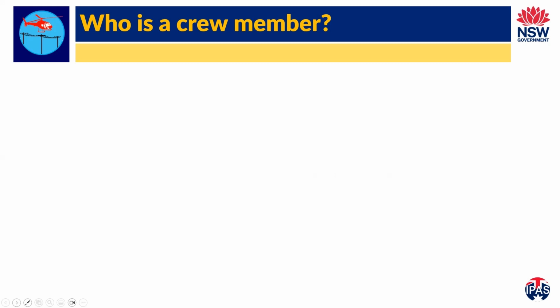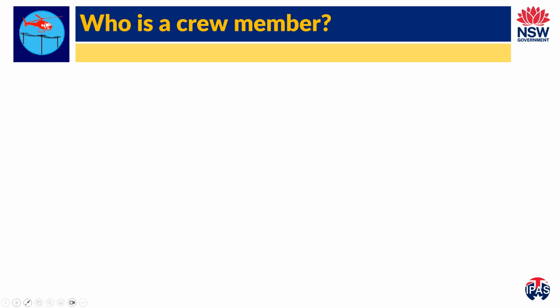Regardless of what the title is, the critical thing to remember is that you are considered to be members of the crew for that mission. But you are not air crew, and don't ever call yourself air crew because that has a legal connotation. If something goes wrong and you claim to be air crew, the coroner is going to say, well, you say you're air crew, so how come you didn't do this?